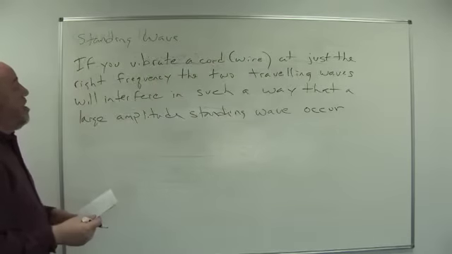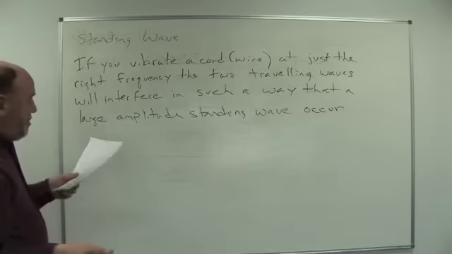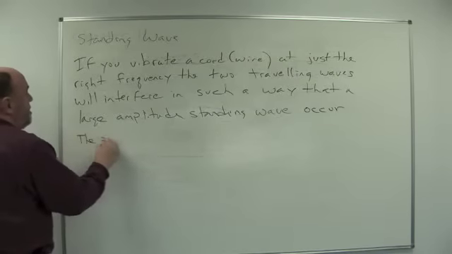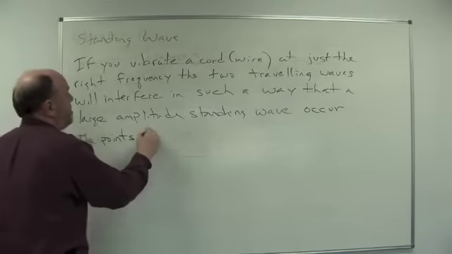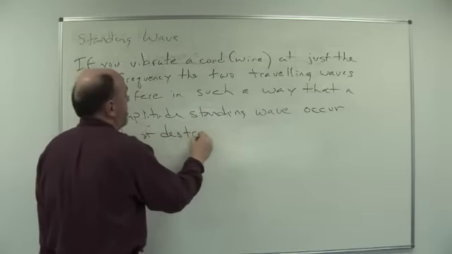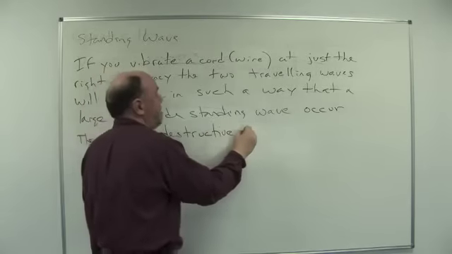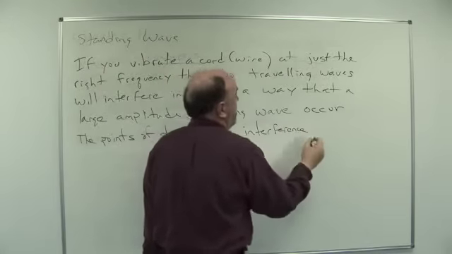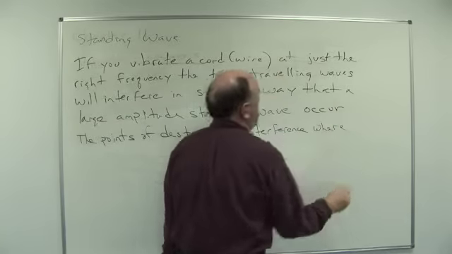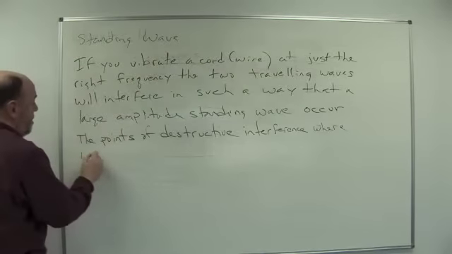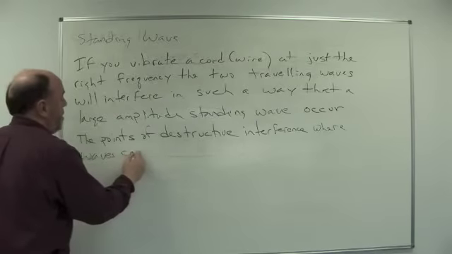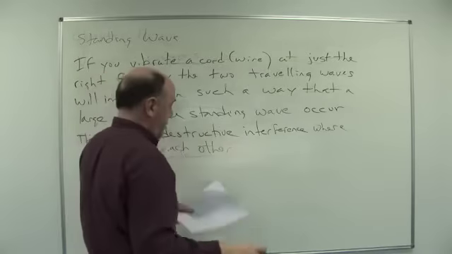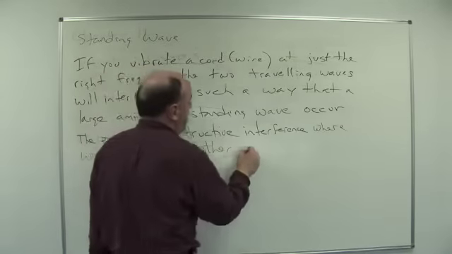And then in terms of this standing wave, we can look at two distinct points on it. The points of destructive interference, so basically where the two waves cancel each other out, those are called nodes.